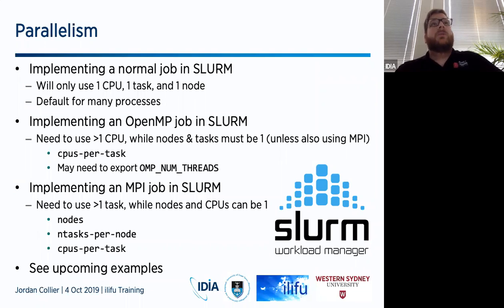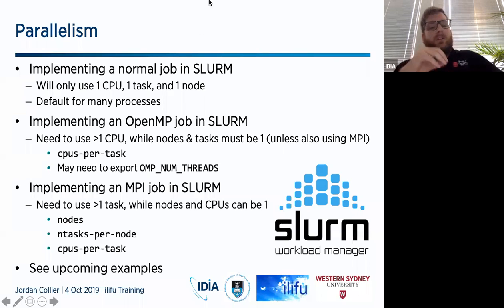For a normal job, which for many processes is the default, we'll only be using one CPU, one task, and one node. Unless you know that something like OpenMP is implemented for your program, then you would generally do this. Or if you know that MPI is implemented, you would do this first case.